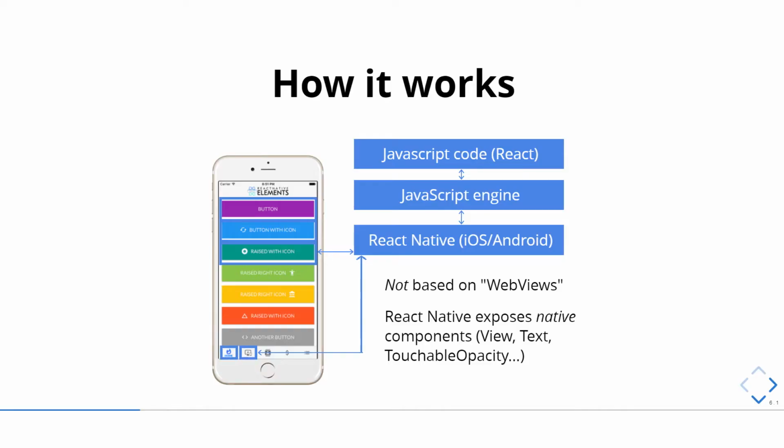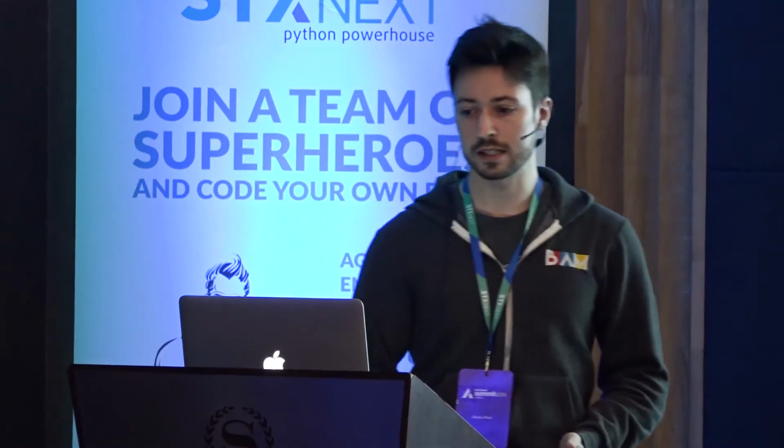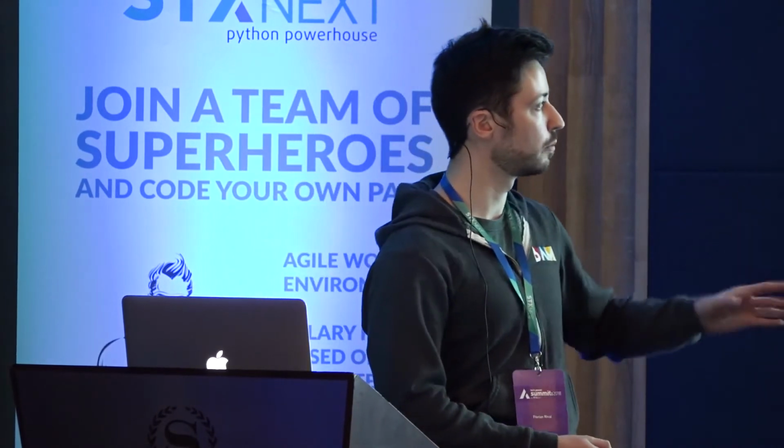So how does it work? The idea behind React Native is that everything that you're going to see on the screen of your application is a native component, just like a native application that you would write using Objective-C or Java. The difference is that every one of these components is exposed by React Native, which is written in Objective-C or Java.